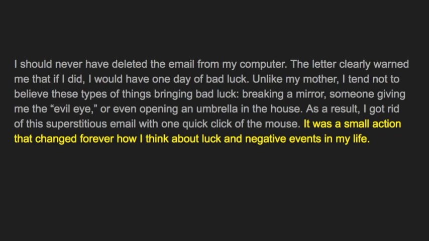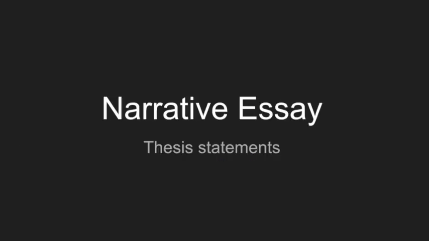Okay, so again, maybe they change their mind in a different way, that they become more superstitious. However, it all started with that click of the mouse. So it was a small action that had a big, significant effect. And again, this is what we're really trying to get in with these thesis statements for narrative essays.